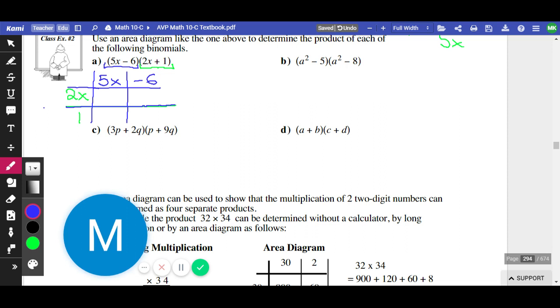You should end up with a grid like that. Okay? 2 things across the top, 2 things down the side. And 4 spots in the middle. The 4 spots in the middle are what you have to fill in.